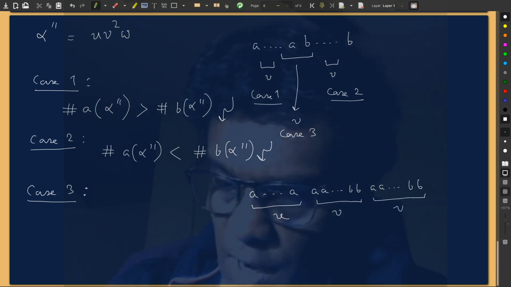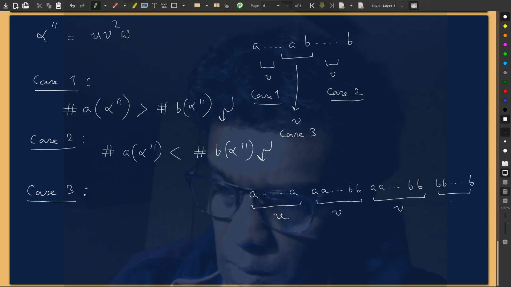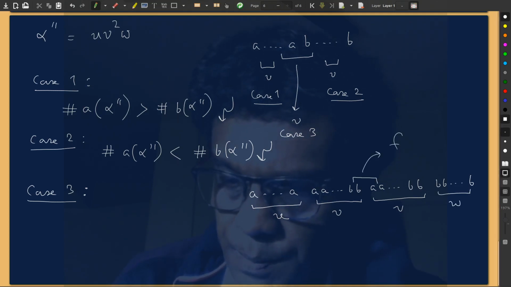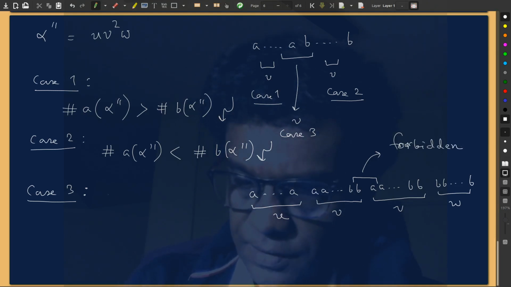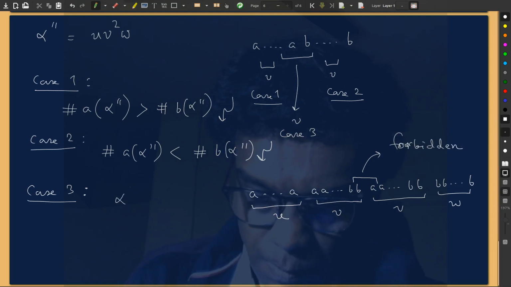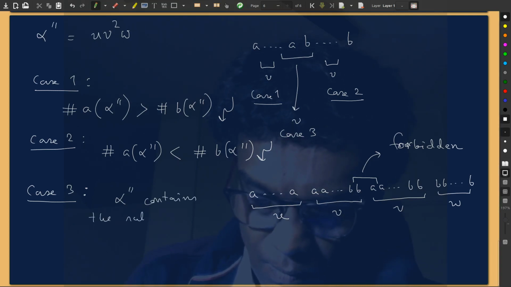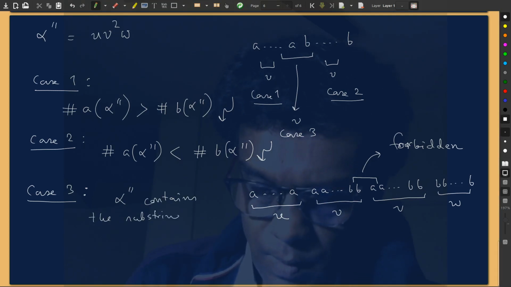Eventually you have W, which is B, B, B. So this is W. Now you see that this string contains a forbidden pattern, BA. So in case 3, alpha double prime contains the pattern, the substring, BA.